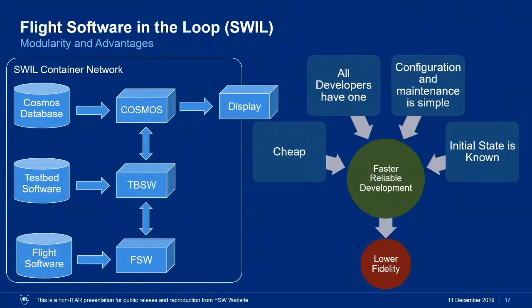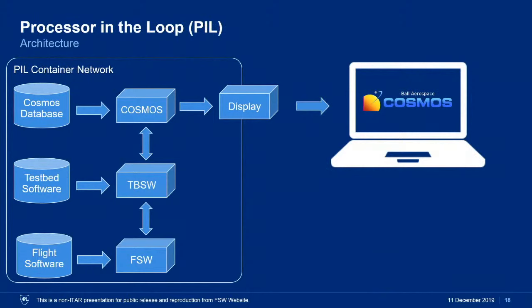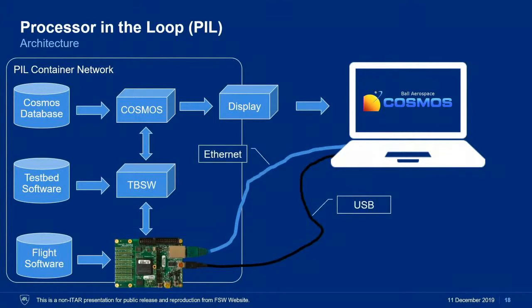So we created this beautiful modular infrastructure, so what can we do? We want to keep Cosmos for the user to interact with the spacecraft, but let's replace the flight software container, plug in some real hardware into our computer, and now we have this processor-in-the-loop infrastructure, which allows us to run on real hardware, or at least hardware that gives us a higher level of confidence whenever we run our tests.